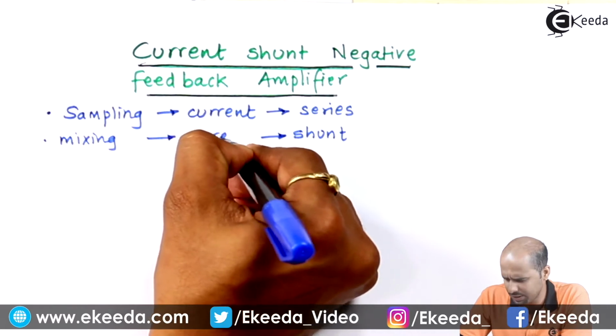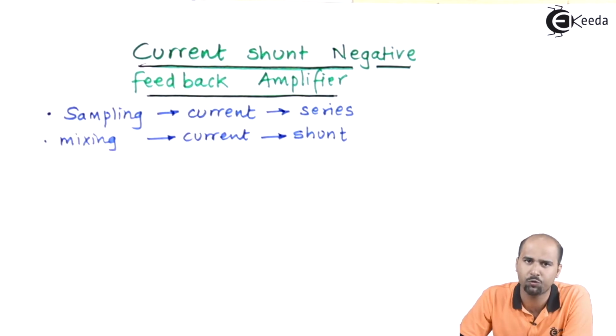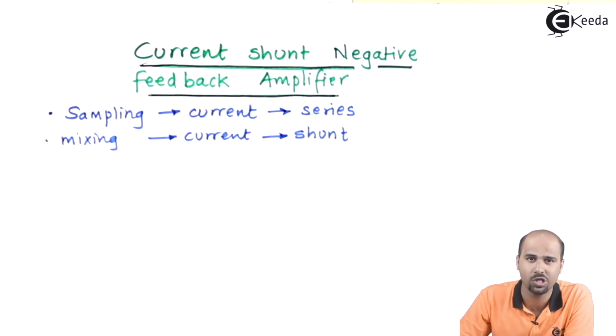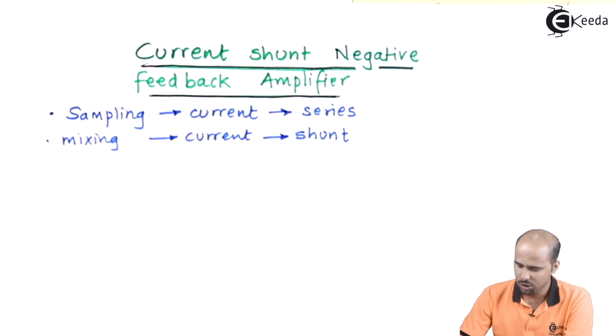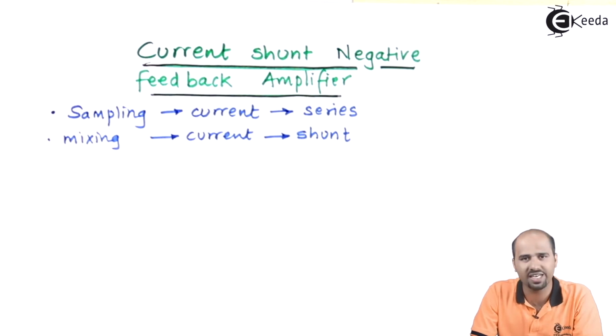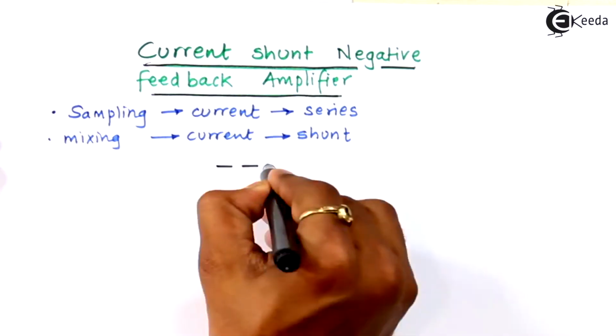So it's a simple thing that current is the parameter for both input as well as output. So which amplifier we have to use? Yes, we have to use a current amplifier, right? So quickly pause your screen and try to draw the entire circuit for the current shunt negative feedback amplifier, and again come to me to tally it.